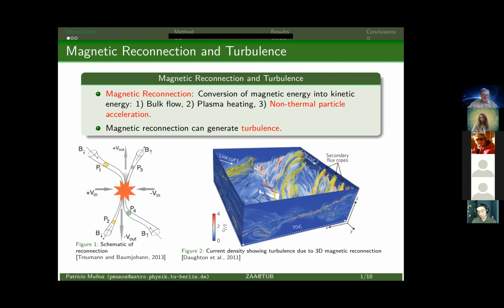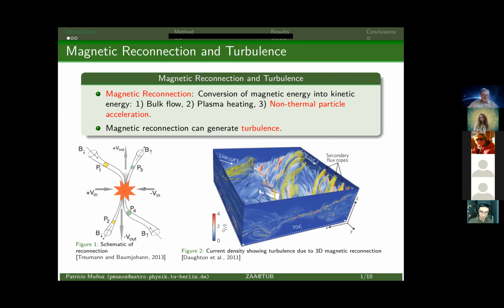Another consequence of magnetic reconnection is that it can generate turbulence via secondary instabilities. As you can see in the bottom right panel, there is a 3D simulation of magnetic reconnection showing the development of turbulence due to secondary instabilities and flux ropes.